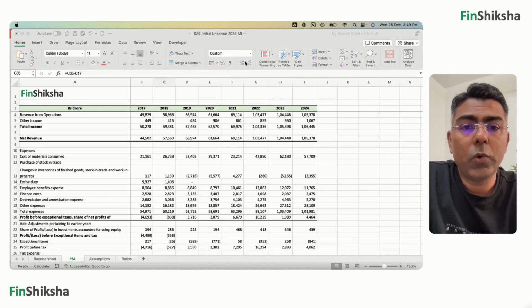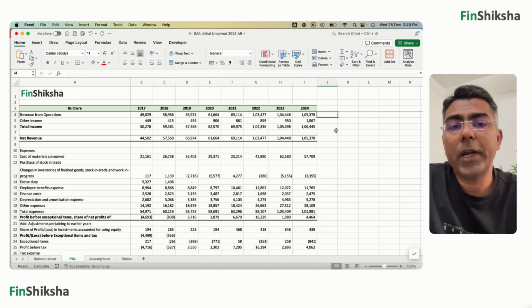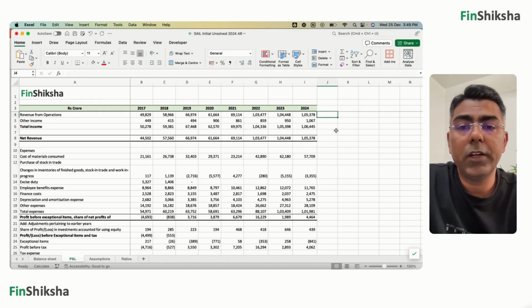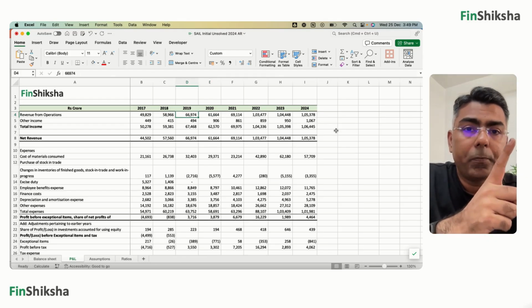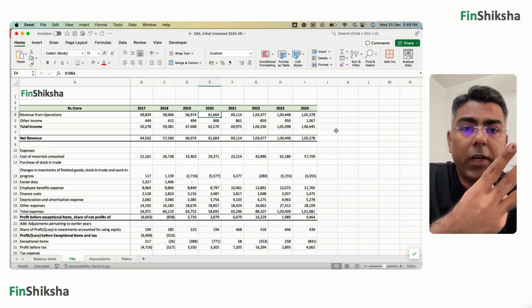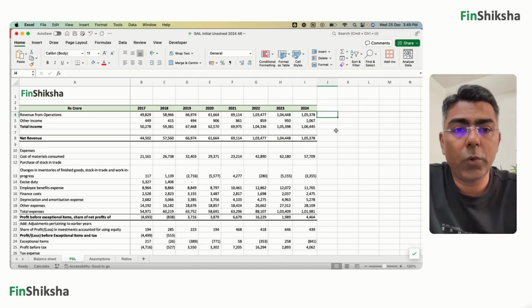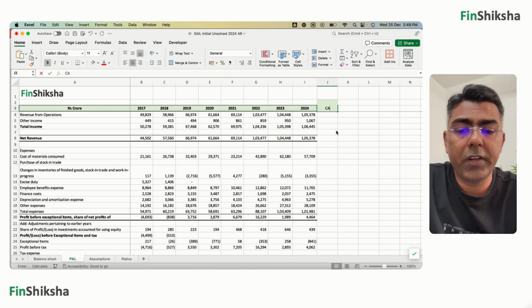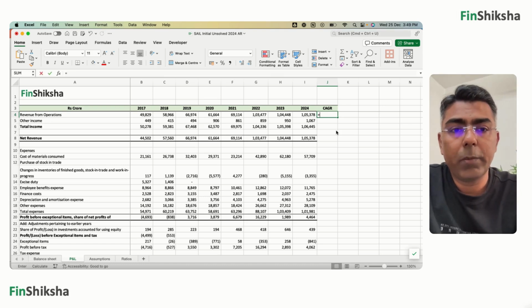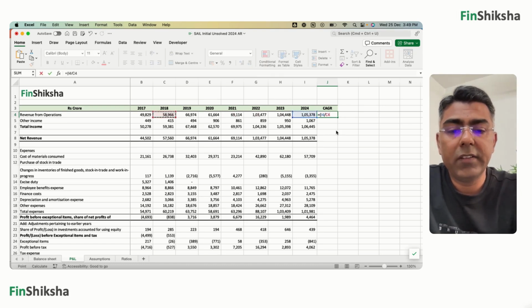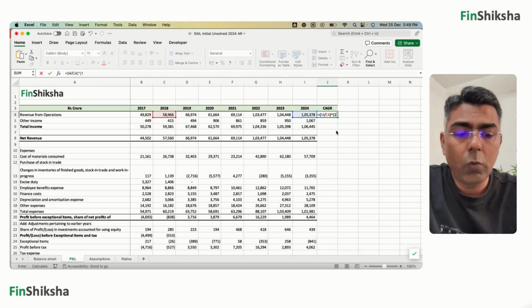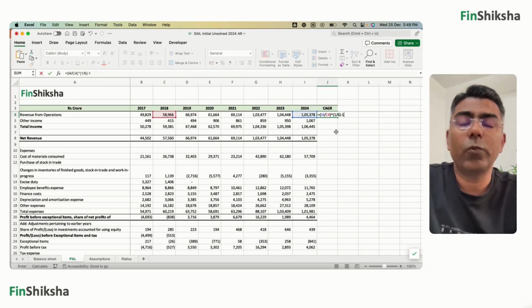Compounded annualized growth rate. Let's say I want to do that between 2024 and 2018, right? So 18 to 19 is 1 year, then 20, 21, 22, 23, and 24. So 6 years is what we are looking at. So if I have to calculate CAGR here, then what I'm going to do is this year sales divided by 2018 sales raised to the power 1 by 6 minus 1.